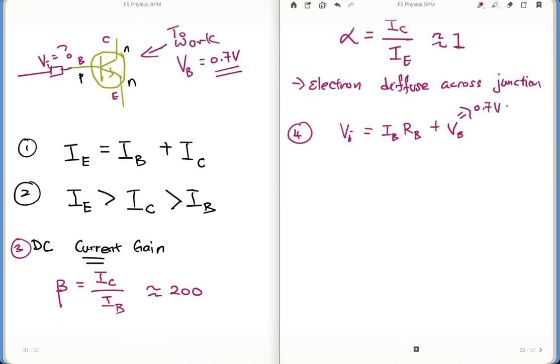It depends on how they put it in a question, and this is what you should do. So this is the current passed through it. It's called IB. It will be the same because it is in series. So IB times RB, the resistor near the base, plus 0.7, then this would be your input voltage to make this transistor work.